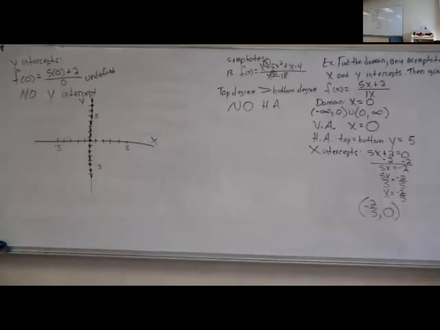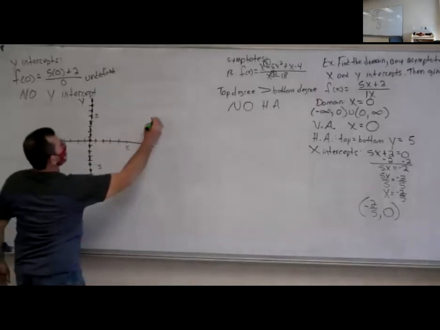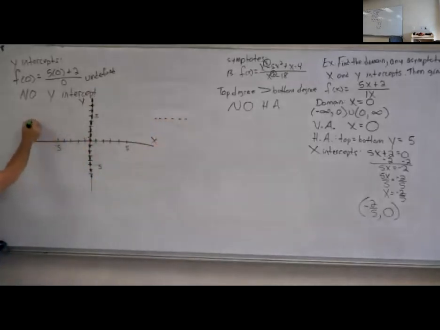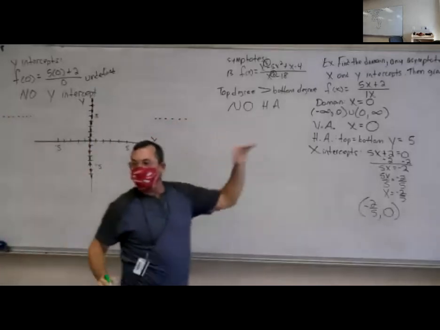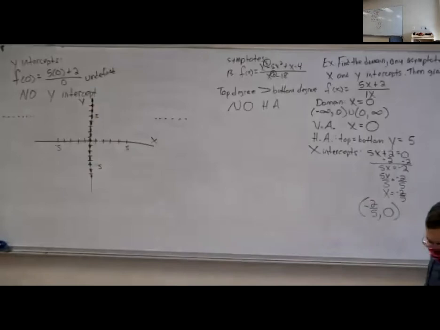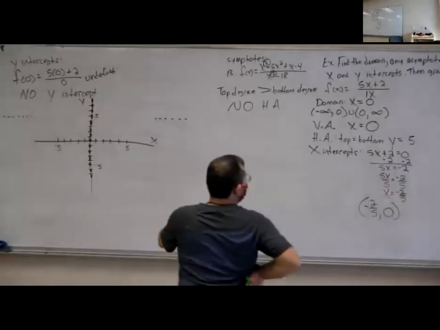The horizontal asymptote was y equals 5. So in the long run, at these 5s up here, my graph is going to try to get to that line eventually as it goes out, okay? So what else do I know? X-intercepts. Where is it going to cross the x-axis?